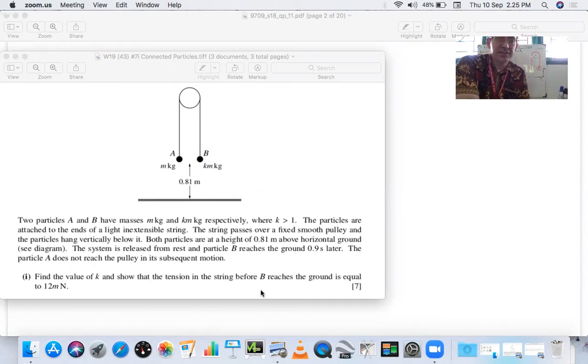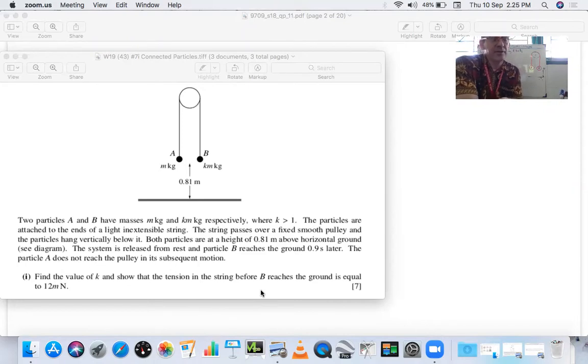The string passes over a fixed smooth pulley and the particles hang vertically below it. Both particles are at a height of 0.81 meters above horizontal ground. The system is released from rest and particle B reaches the ground 0.9 seconds later. The particle A does not reach the pulley in its subsequent motion.